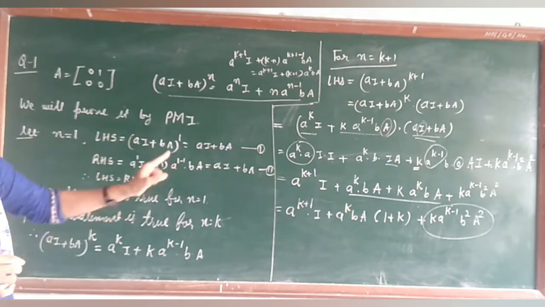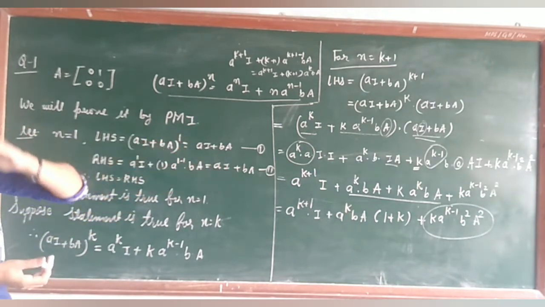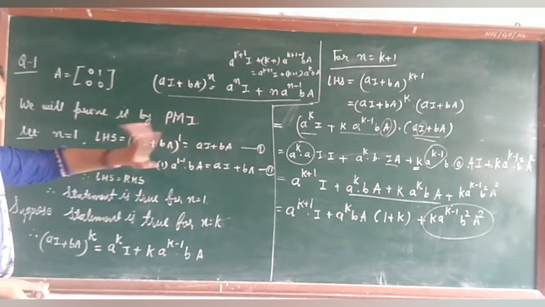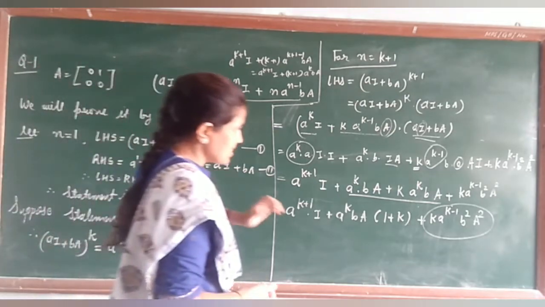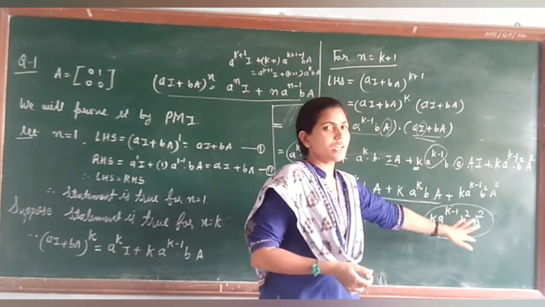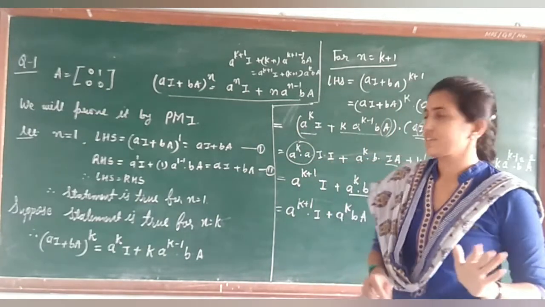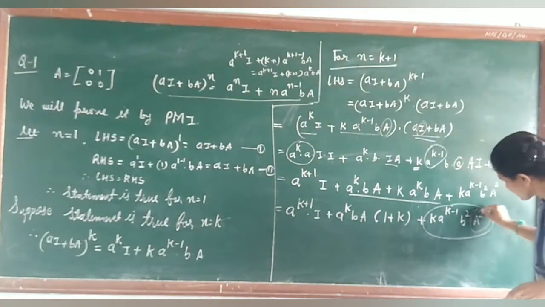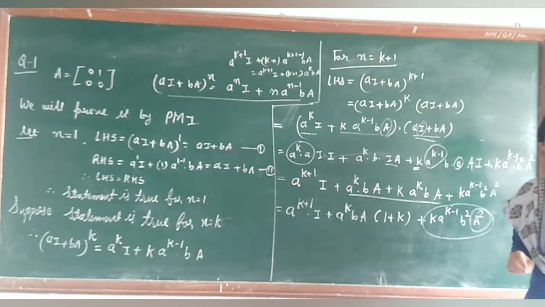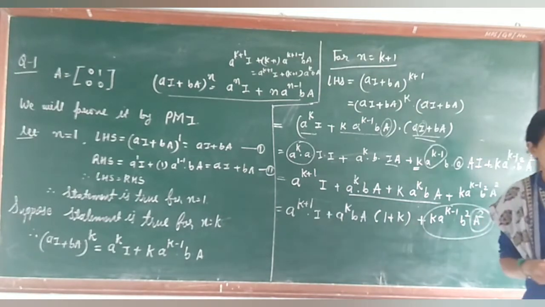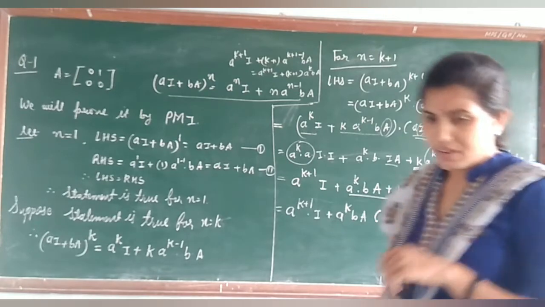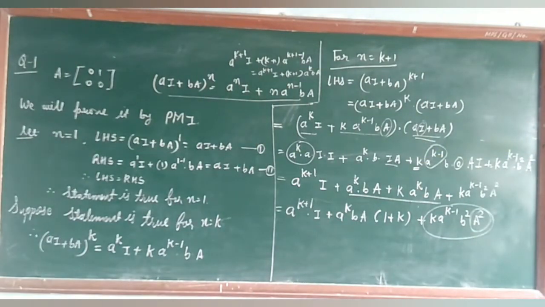तो पहले हम क्या करेंगे, वो जो एक्स्ट्रा स्टेप है we are trying to remove it. ये कुछ तरह से रिमूव हो सकते हैं. So you can see k a raised to k minus 1 and b square, these all are the scalar. उसके लिए कुछ नहीं कर सकते हम लोग, but we have this step A square. So let me simplify this A square. तो A square को सिंप्लीफाई करने के लिए हमें क्या करना होगा?